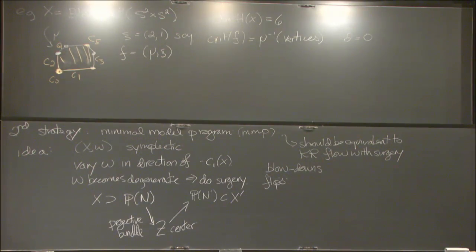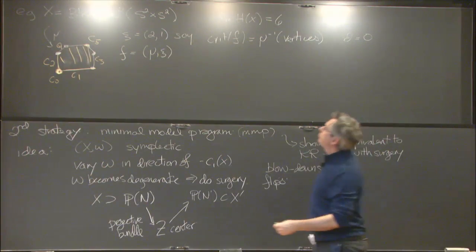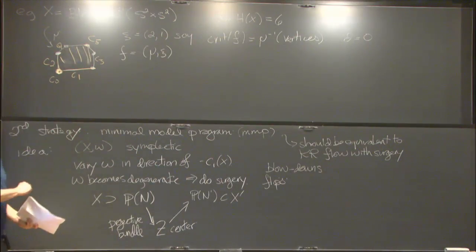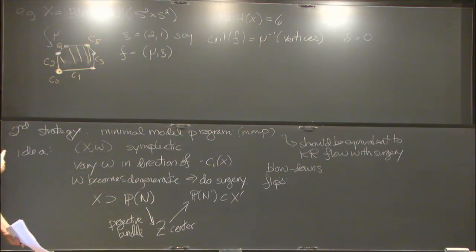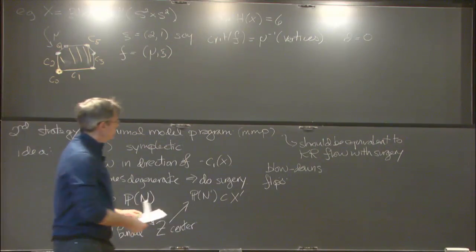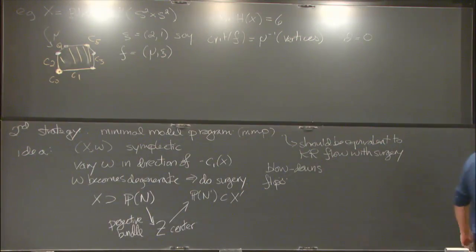B2, B3 is the whole thing. But then B4 would be this one, and B5 would be this one. So in this case, the 2 exceptional divisors are part of your cycle basis. In the Morse case, they wouldn't be. So it's just a different way of getting a basis for the cohomology.